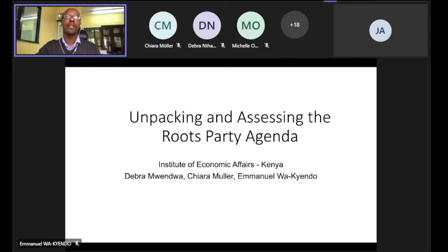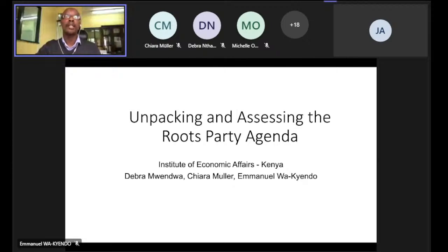One of the reports I was reading mentioned that the suitability of manifestos is inversely related to its length. What that means is that the longer the manifesto, the lower its suitability.